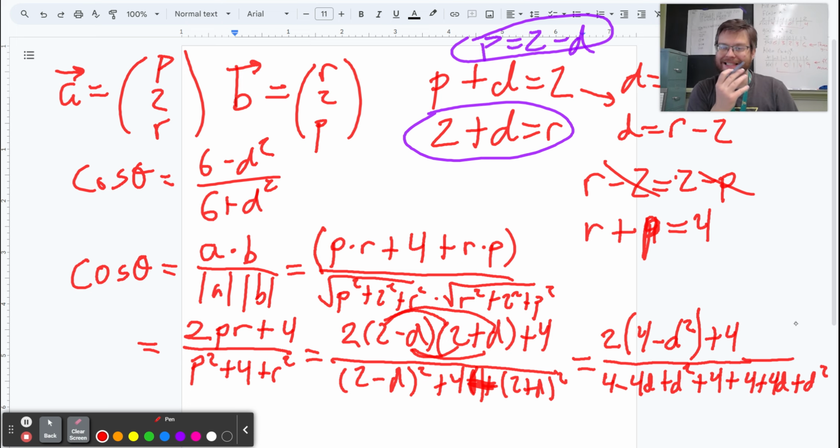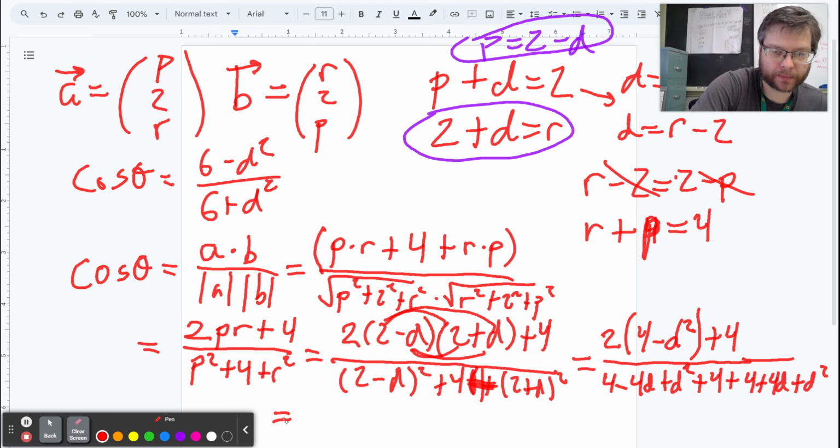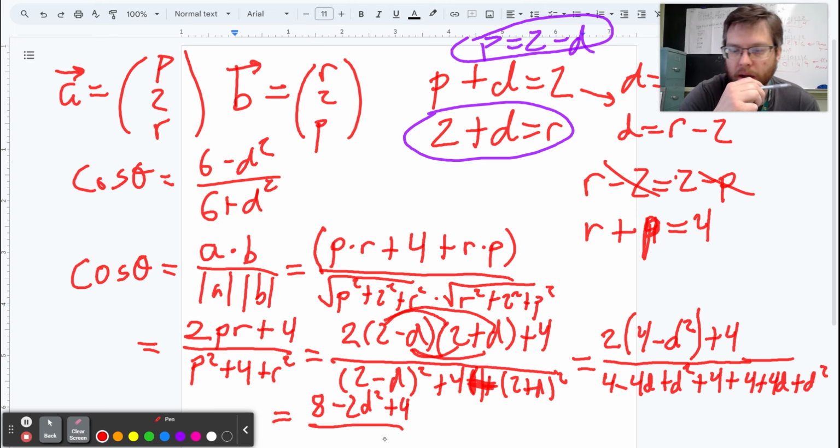And believe it or not, this is going to work out just fine. So what I'm going to do is I'll just try to squeeze it in on the bottom of the screen. On the top, I have 8 minus 2D squared plus 4. And on the bottom, 4 plus 4 plus 4 is 12.